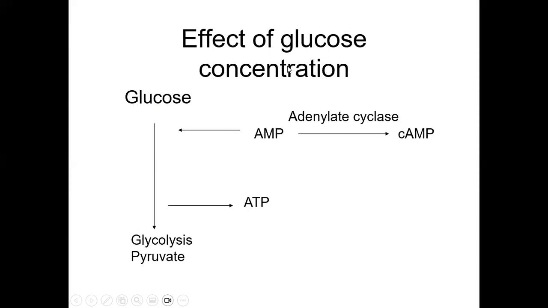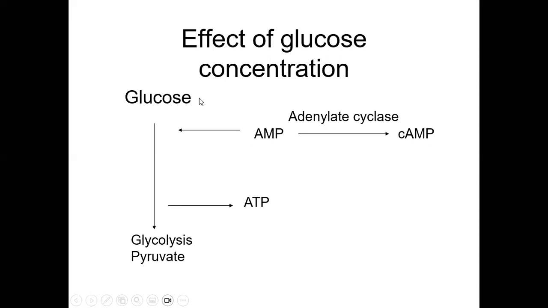How does it affect it? Glucose is the substrate for glycolysis. It will enter glycolysis, and the primary purpose of glycolysis is to generate energy in the form of ATP. For generating ATP, it makes use of the available adenosine monophosphate or AMP, converting it to ATP. This AMP is also a substrate for another enzyme named adenylate cyclase, which converts AMP into cyclic AMP.